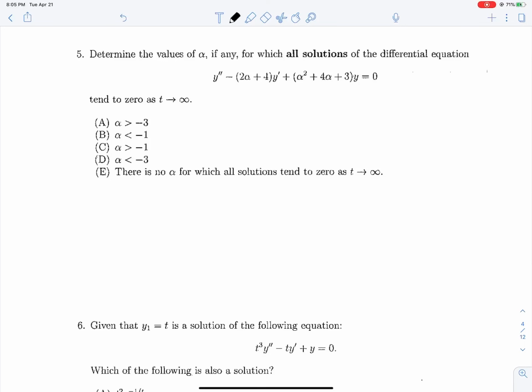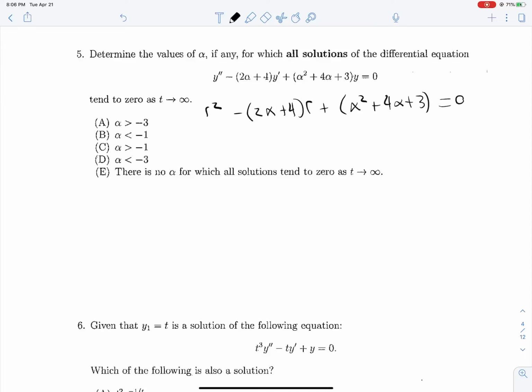5, determine the values of alpha, if any, for which all the solutions of this differential equation tend to 0 as t approaches infinity. So how I interpret this is that we can pull our characteristic equation out. That will be r squared minus (2 alpha plus 4) r plus alpha squared plus 4 alpha plus 3 is equal to 0.